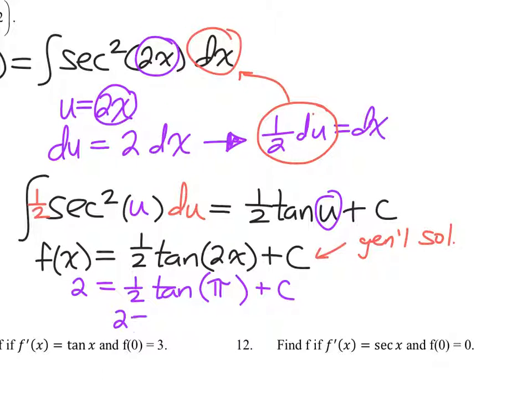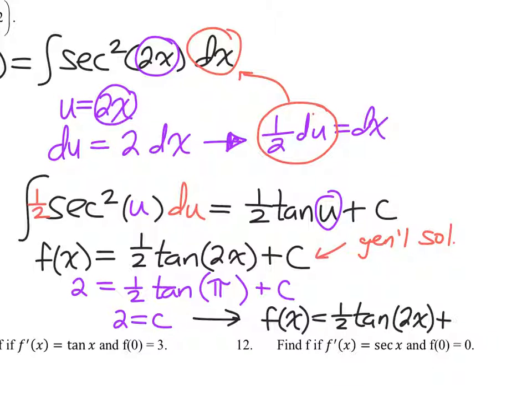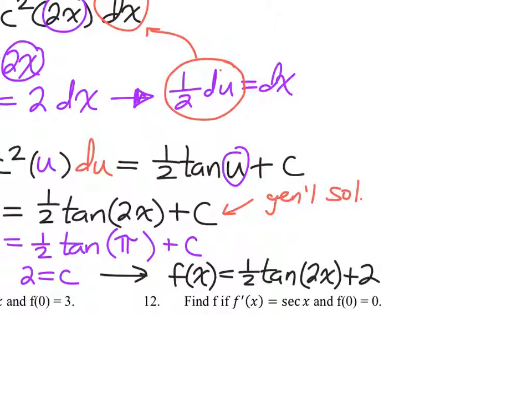So 2 equals c. And so that's going to give us what I was desperately trying to force to be the right answer before: 1/2 tangent 2x plus 2. And that's our particular solution.